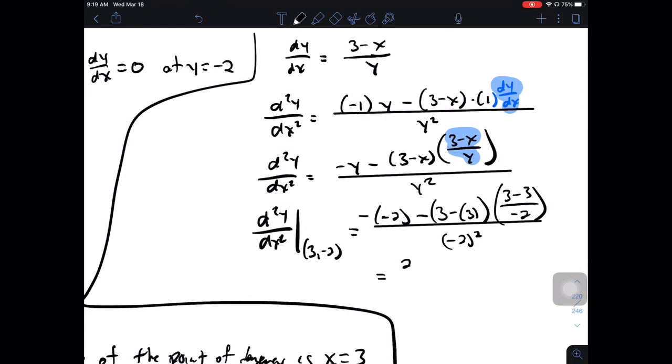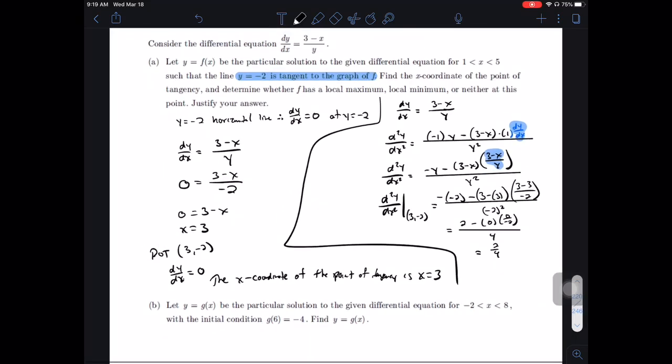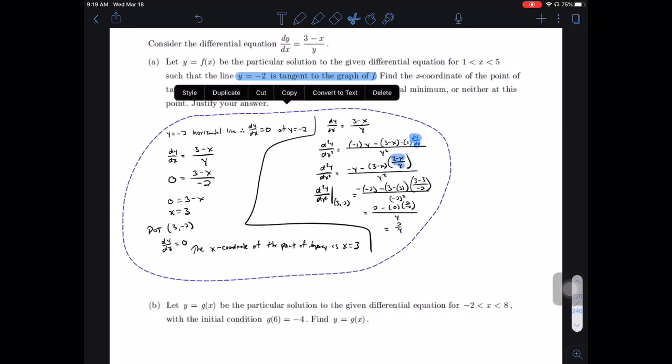We get 2 minus 3 minus 3 is 0. So that's the great thing that happens. On the bottom, a negative 2 squared is 4. So this ends up being 2 fourths. Well, 2 fourths is positive. So I have no room. I apologize. That means you also have no room.